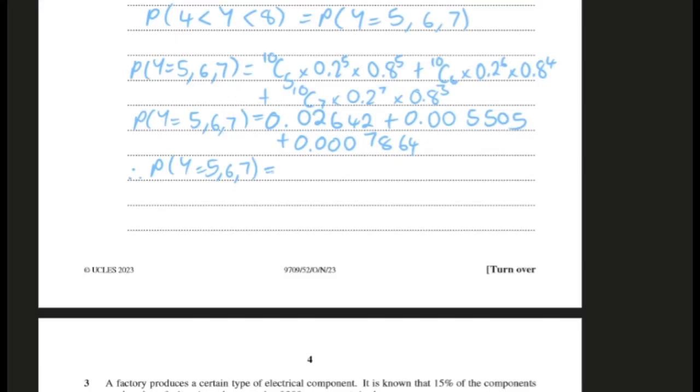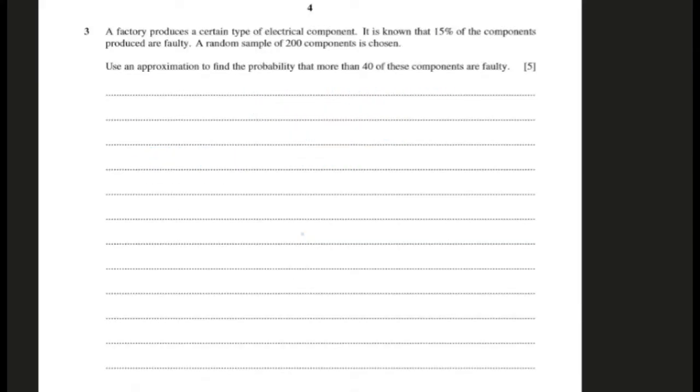Number 3. A factory produces a certain type of electrical component. It is known that 15% of the components produced are faulty. A random sample of 200 components is chosen. Use an approximation to find the probability that more than 40 of these components are faulty. Okay, let's start by defining our random variable.